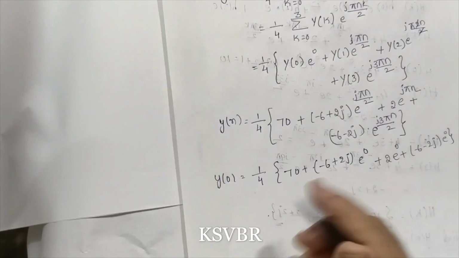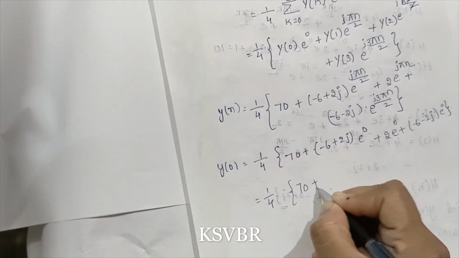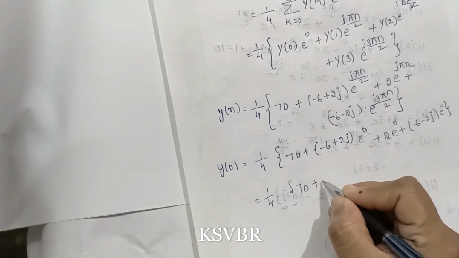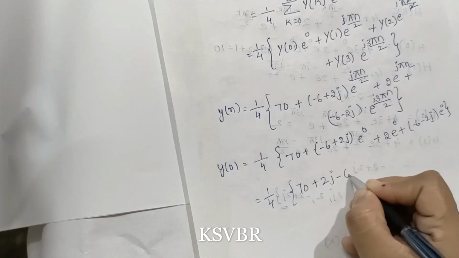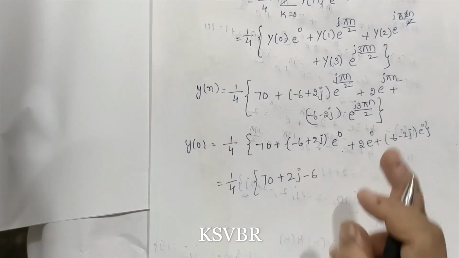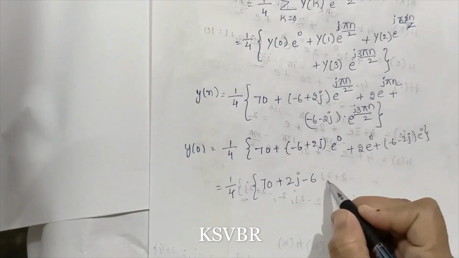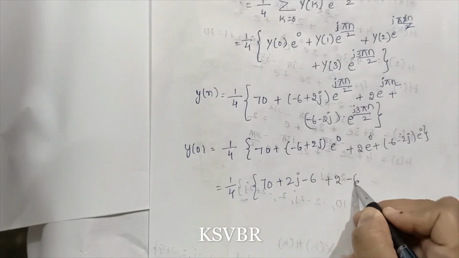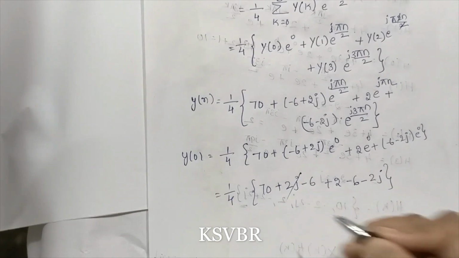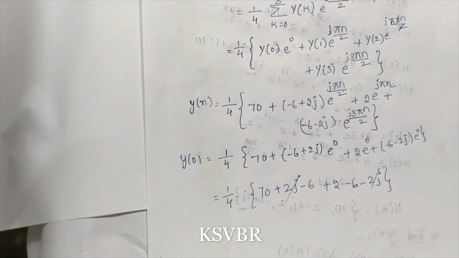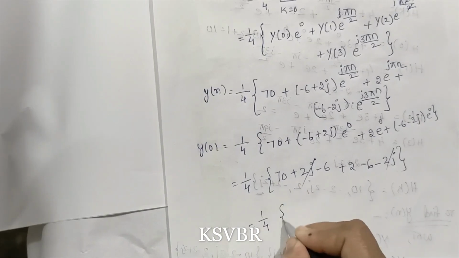So if you see here, 1/4 into 70 plus, okay, so here I can write -2j-6 because this is e^0. So -6+2j or +2j-6, both are same, plus 2, -6-2j, to 1.